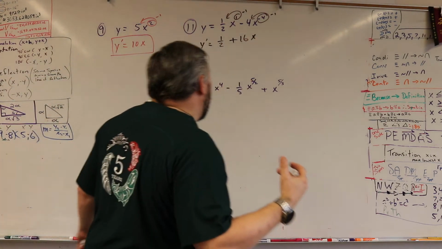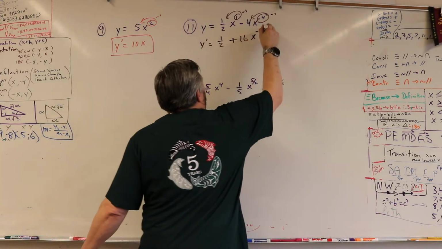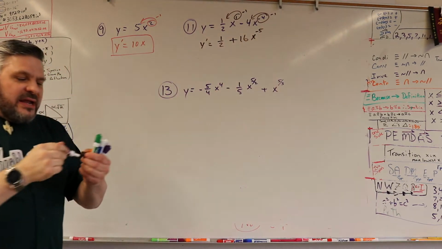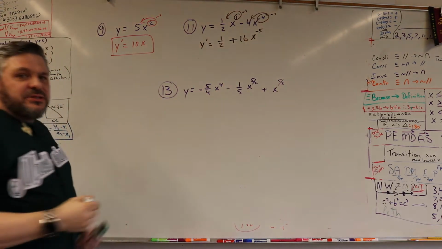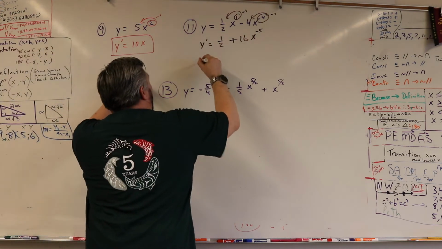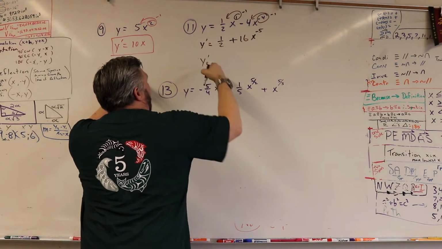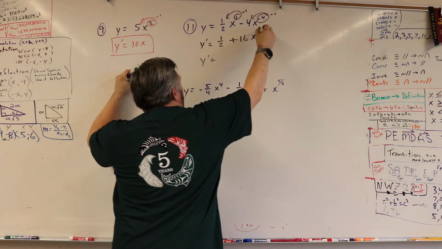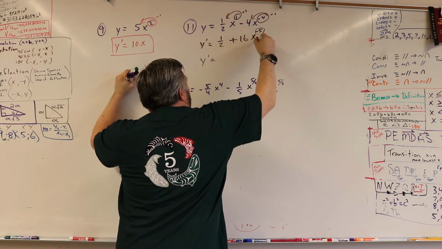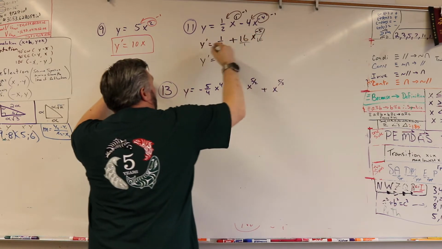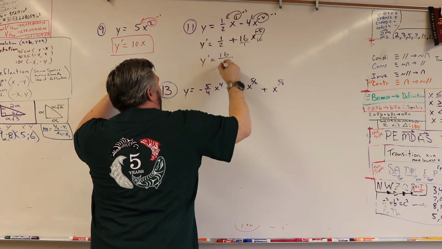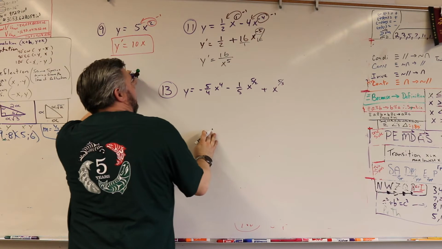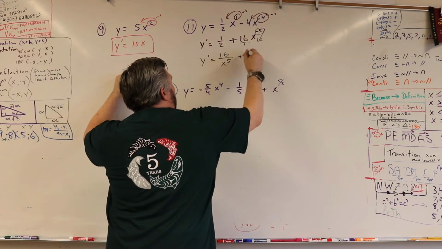Now, how would I rewrite that so it looks good? The way I would rewrite this is y prime is equal to, the x's come first, and remember, because this is negative, we're going to take it down below, right? So I'm going to go 16 over x to the 5th, alright? Plus 1/2.